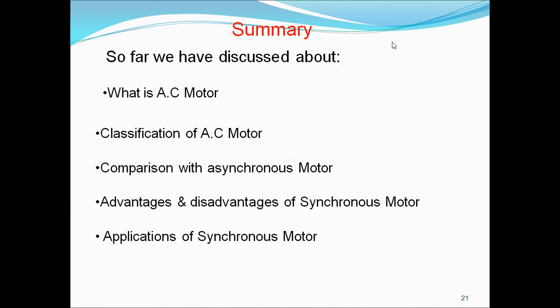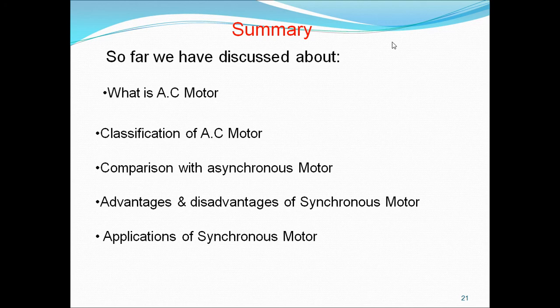So what are the features of the synchronous motor? It is a constant speed motor, that means it runs at synchronous speed only. It can be operated under both lagging and leading power factor by changing the excitation. It can also be operated at unity power factor.